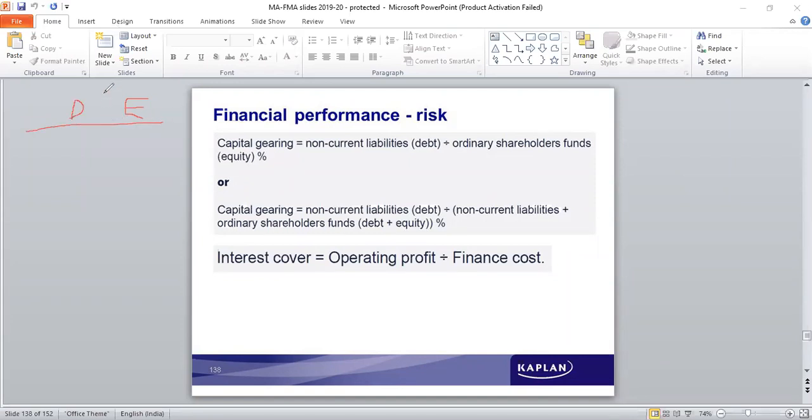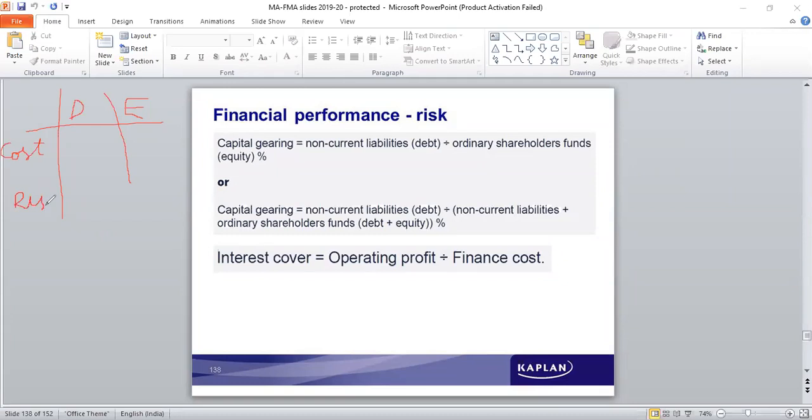We see that there are two types of capital, debt capital and equity capital. In terms of cost and risk, what are the points of difference between debt and equity?